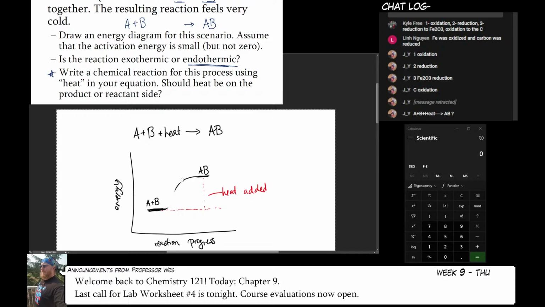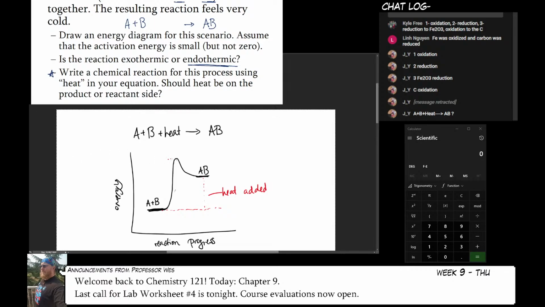But if I do something like this, where I put a small hill in the way, then if I have that ball at the top of the hill, it's going to fall over here, and then it'll stay here, because it won't just roll back down to the reactants. And so this little hump right here represents our activation energy.